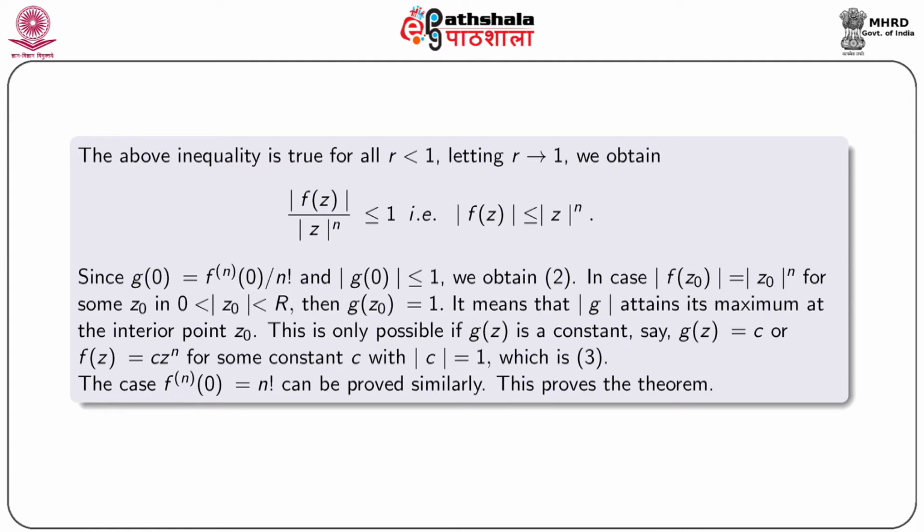This is only possible if g(z) is a constant, say g(z) equal to c, or f(z) equal to c z to the power n for some constant c with mod c equal to 1, which is number 3. The case where the modulus of the nth derivative of f at 0 equals factorial n can be proved similarly. This proves the theorem.